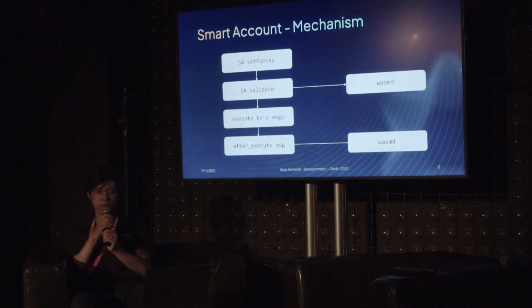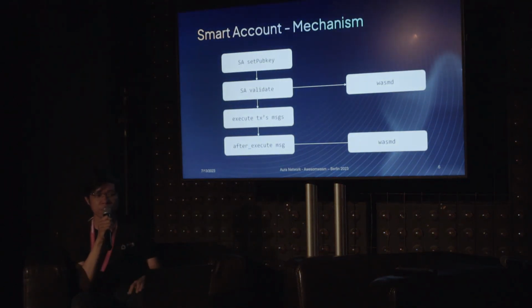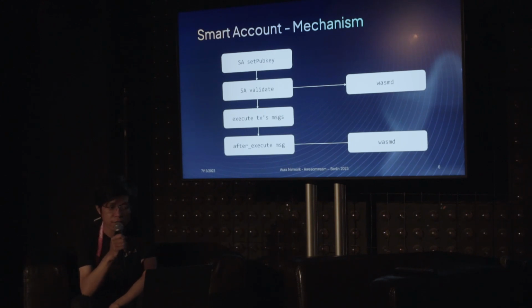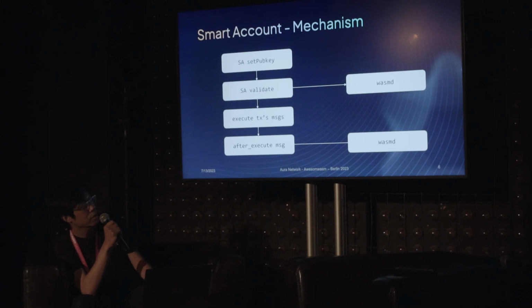Here is a diagram showing how our smart account works when sending a transaction. The first thing is finding the corresponding public key for a smart account. With that, it will validate the signature of the transaction. Then it will call the validate function to the module.